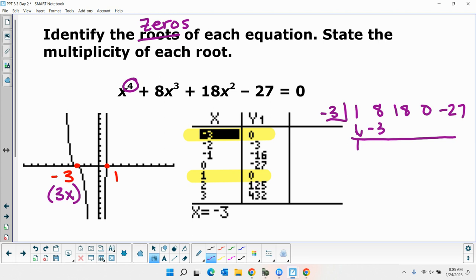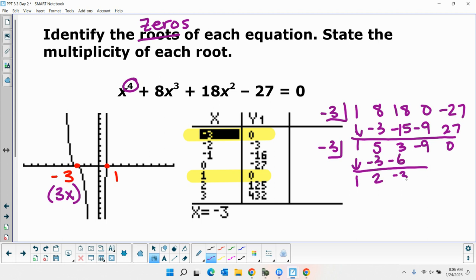So -3, that's 5. -15, that's 3. -9. +27. Do it again, because we're thinking it works 3 times. That's a +2. That's a -6. So -3. That's a +9. So it did work. So we're thinking correctly.